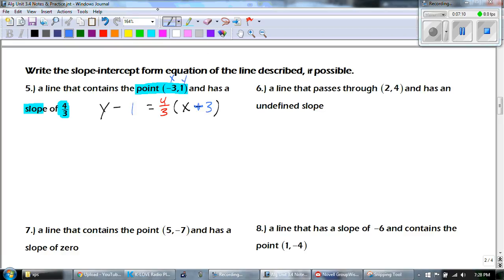Then we just solve. On the left, we have y minus 1 equals, we distribute, so we get 4/3 x. 4 times 3 is 12, and 12 divided by 3 is 4. Then to get y by itself, we add 1 to both sides. So we get y equals 4/3 x plus 5.